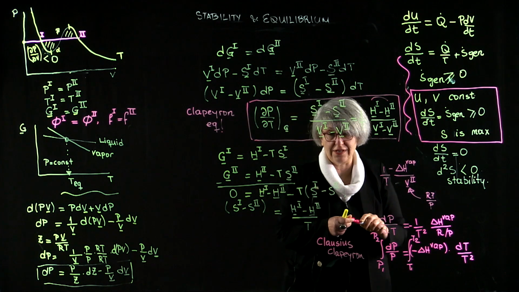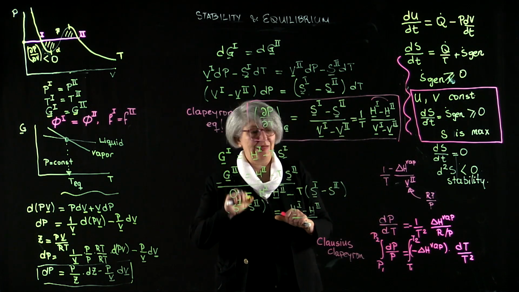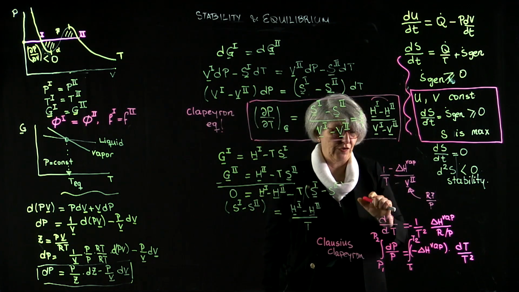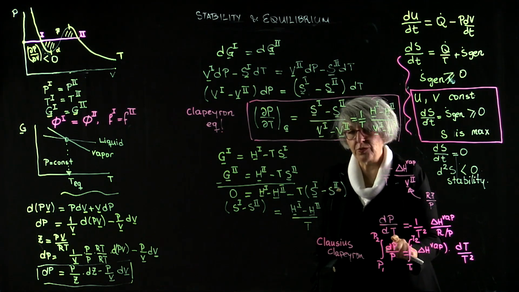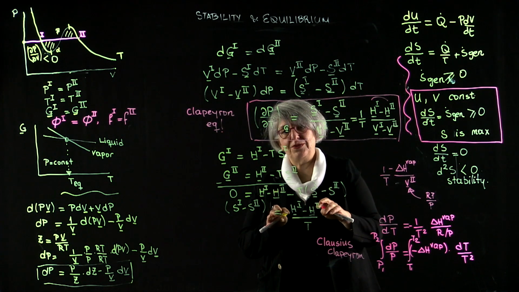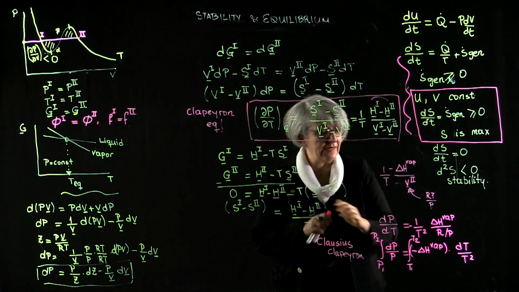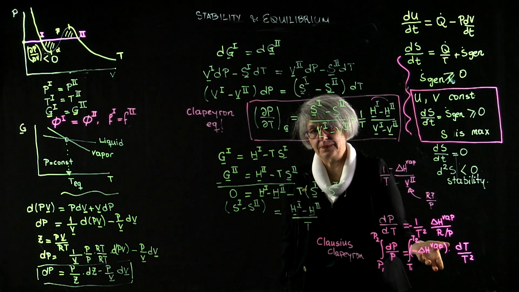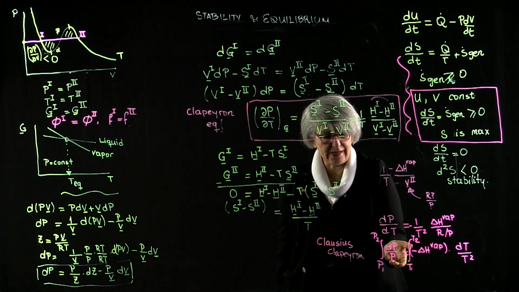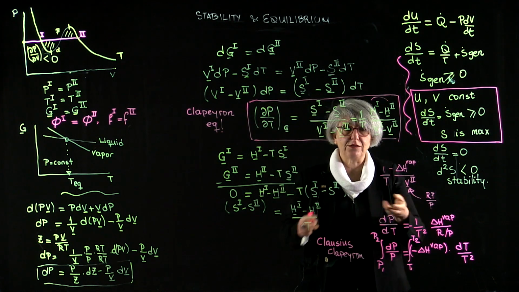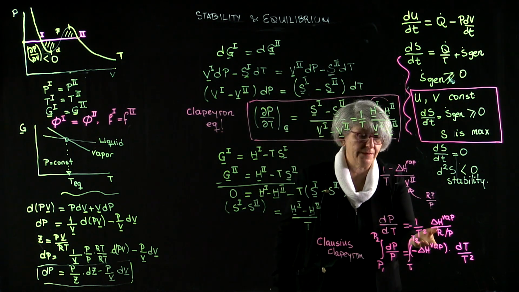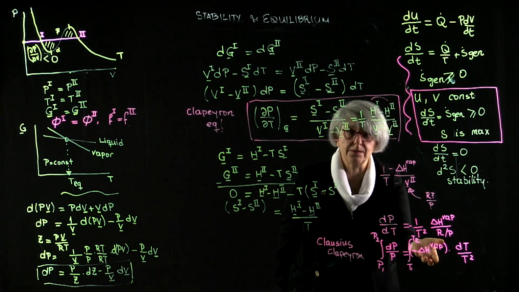And this equation allows me to do two things. First, if I measure the vapor pressure of a fluid at two different temperatures, I can estimate its enthalpy of vaporization.